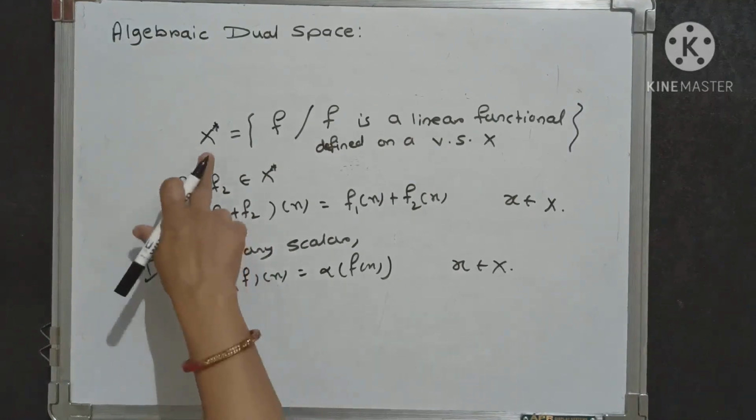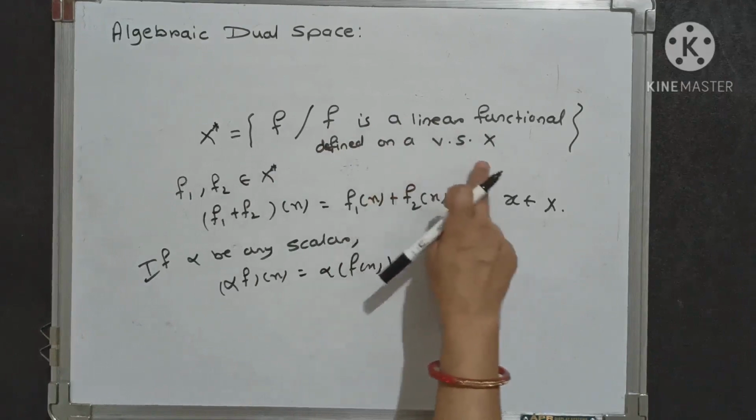That means X star is the set of all linear functionals on a vector space X.